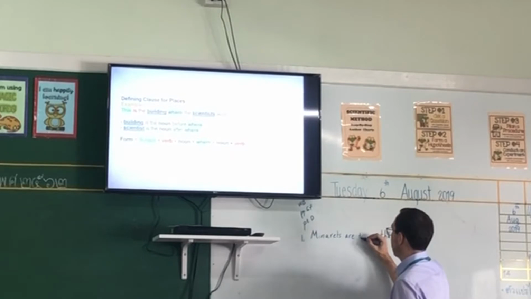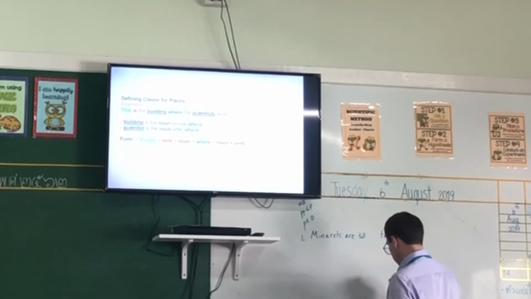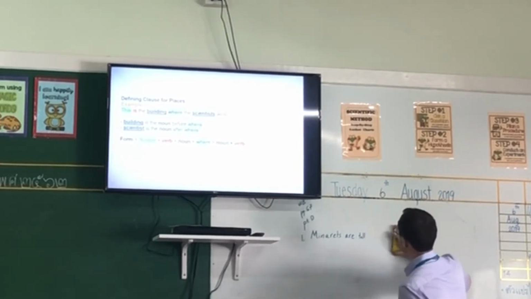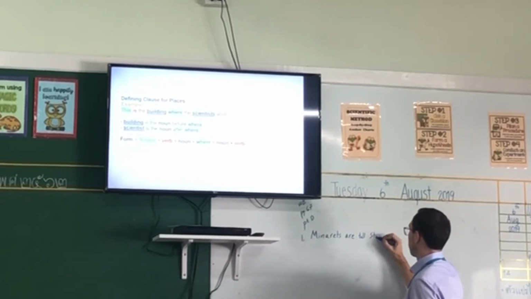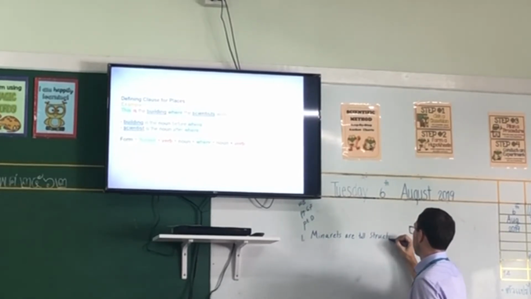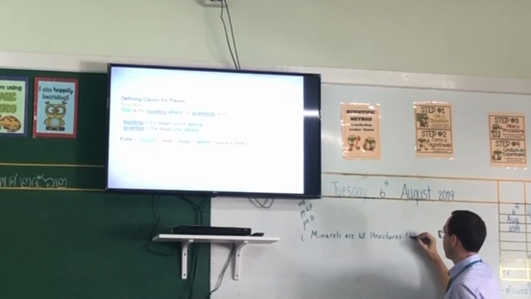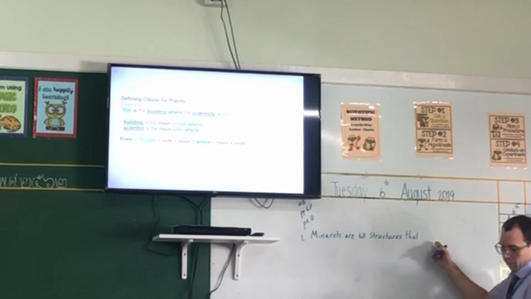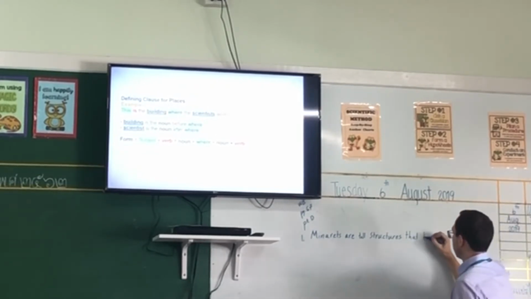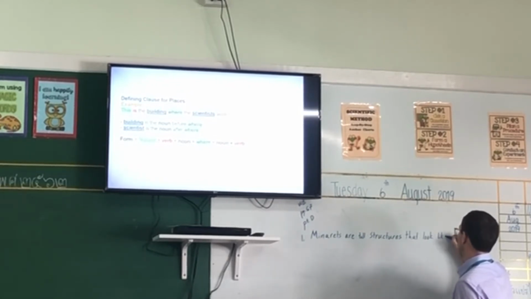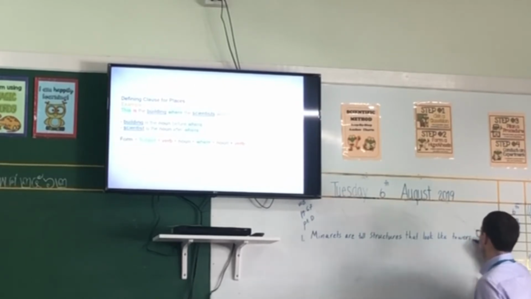Here we have an adjective and then structures. So I'm going to have to erase that. How do you spell structures? T-U-R-E-S, right? So then you have your that. And then what verb do you think would go here then? Yeah, look like towers. Good.